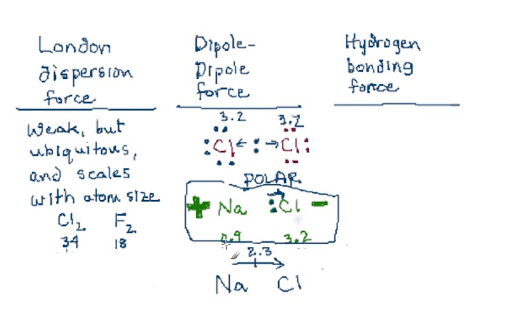And the most complex way you can write this is they do a kind of loopy D like this. It's a Greek lowercase delta. And they'll put delta equals 2.3. And, last thing, I promise, this difference in electronegativities is called the bond dipole.